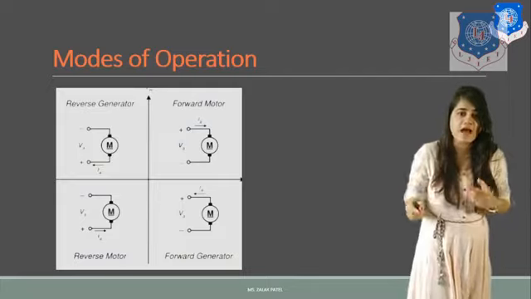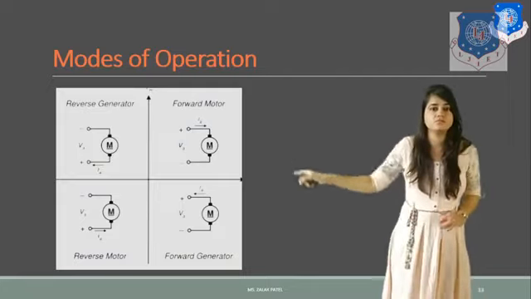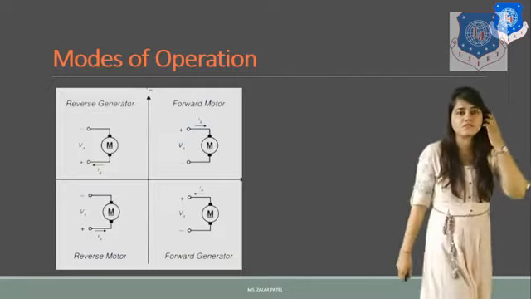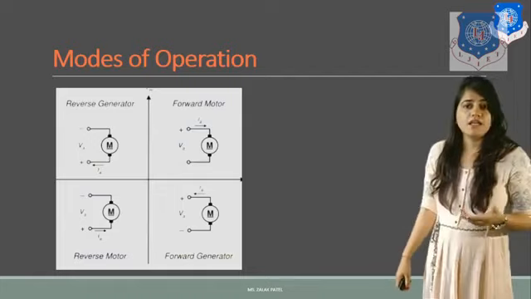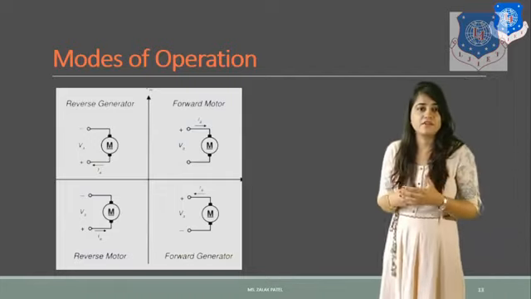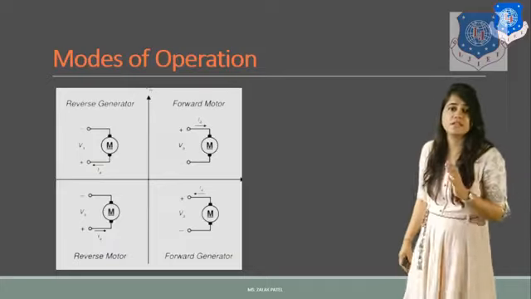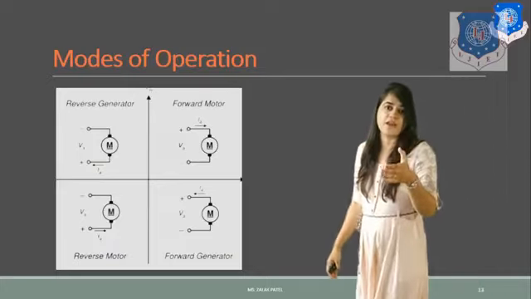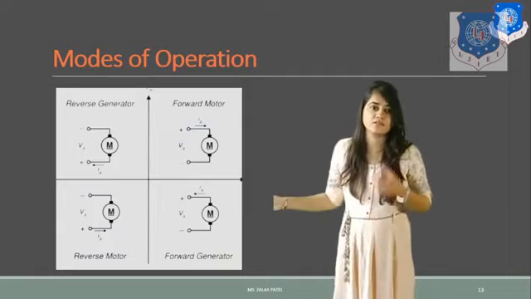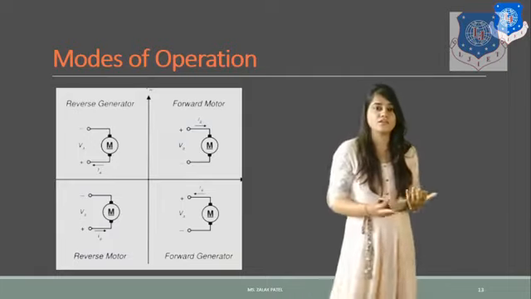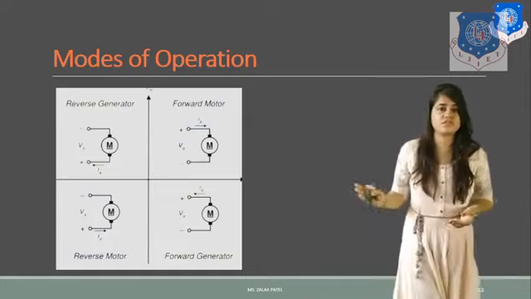If you see the diagram of the reverse motor, in this case the polarity of the motor will get reversed, and obviously the direction of motor operation will also be reversed, means it gets into anti-clockwise like this, and even the current direction is also changed.